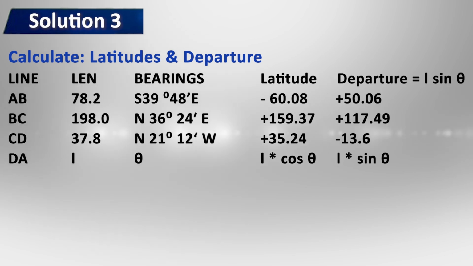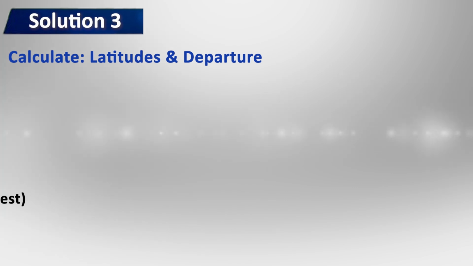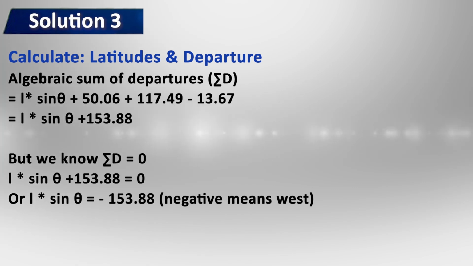So again we will do the algebraic sum of all the departures considering the sine. L sine theta plus 50.06 plus 117.49 minus 13.67 comes out to be L sin theta plus 153.88. For a closed traverse, we know that sigma D, that is the summation of all departures, should be equal to 0.